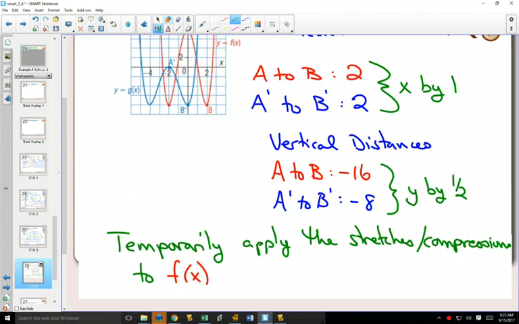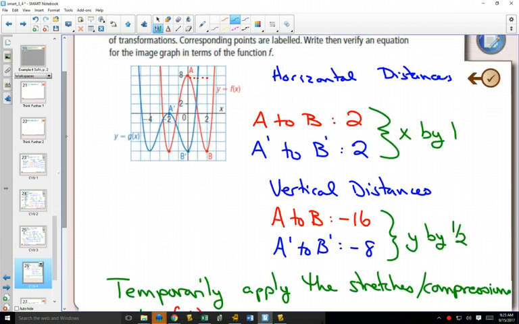So if we look at the points A and B on our red graph, and we multiply the y values by a half, can you see that this point on our red graph, which originally was (0, 8), would change to (0, 4) if you multiplied the y values by half.